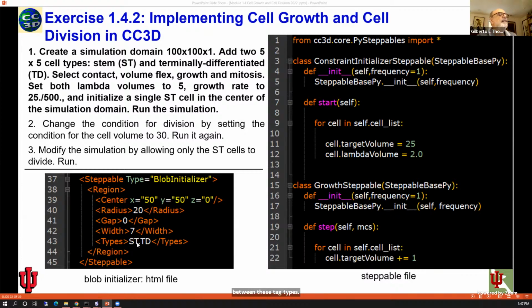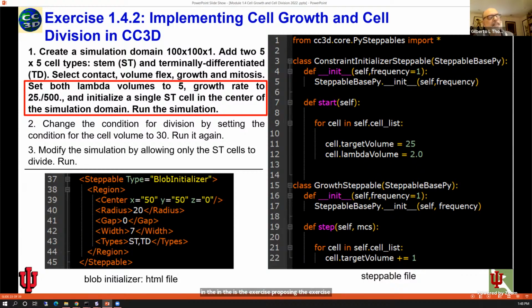In the right window, we have the original default values for target volume and lambda volume, and the default value for the growth in the last line. Now you have to change these to set the values in the exercise.